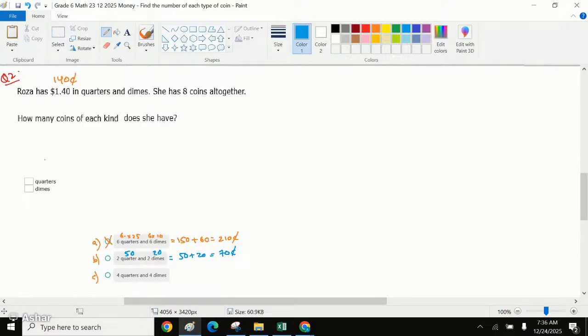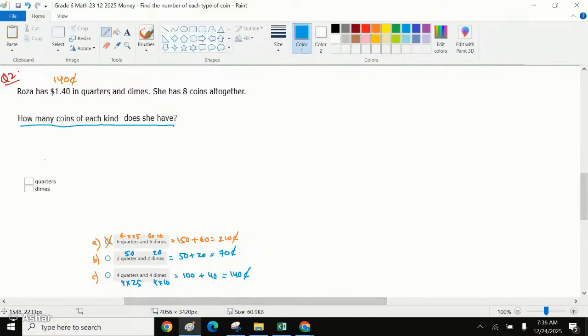This is possible. 4 quarters and 4 dimes. That means 4 times 25. 4 quarters, right? 4 times 25, and 4 times 10. So can we say 4 times 25 would be 100 plus 40? That means 140 cents. So the question says, how many of each kind of coin does she have?